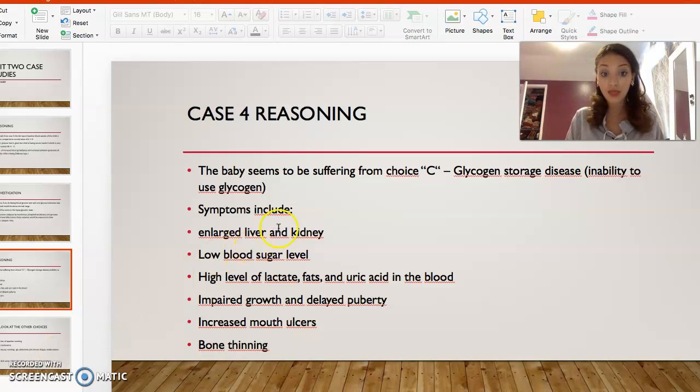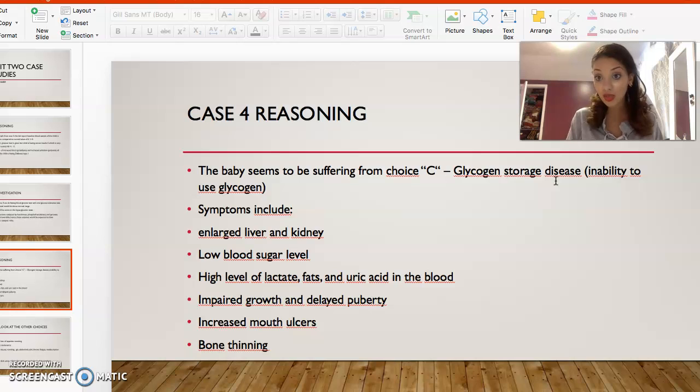So the symptoms for the glycogen storage disease include the enlarged liver and kidney, which the patient did show, low blood sugar level, high level of lactate, fat, and uric acid in the blood, impaired growth and delayed puberty, increased mouth ulcers, and bone thinning.